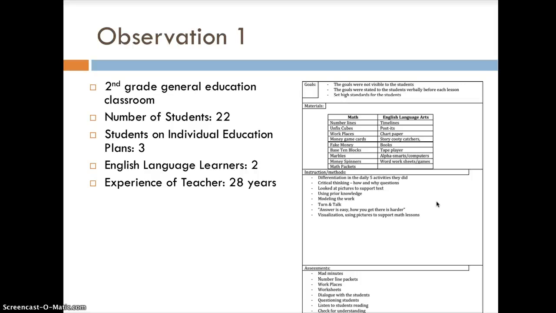My favorite Daily 5 activity would be work on writing, because the students were able to write letters, stories, menus, recipes, and postcards to people in the classroom, or they'd write a story about something they're interested in. And they could either do this on the computer or on a piece of paper.